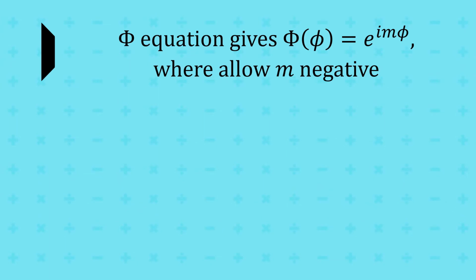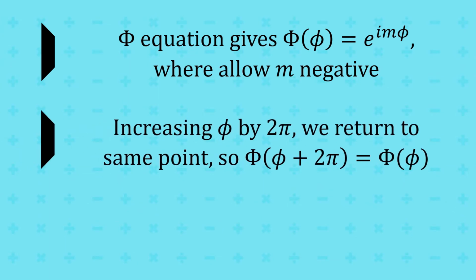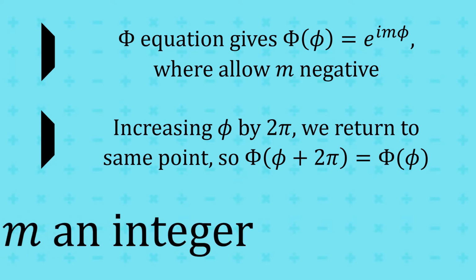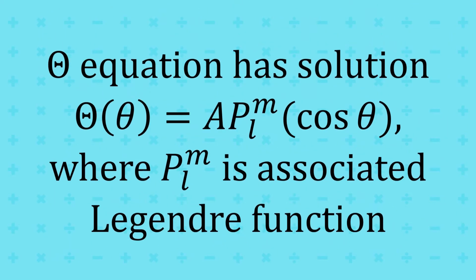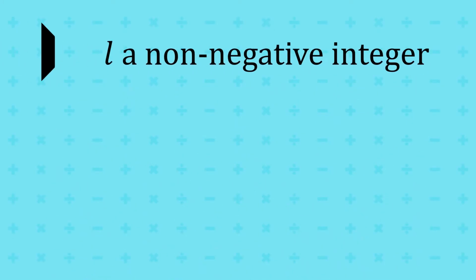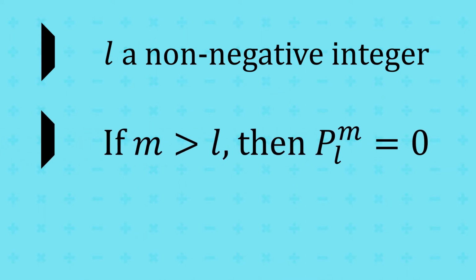The phi equation gives that Phi of phi is equal to e to the i m phi, where we allow m to be negative. Increasing phi by 2 pi, we return to the same point in space, so we must satisfy the periodic boundary condition. This implies m must be an integer. The theta equation has a solution which is related to the associated Legendre function.